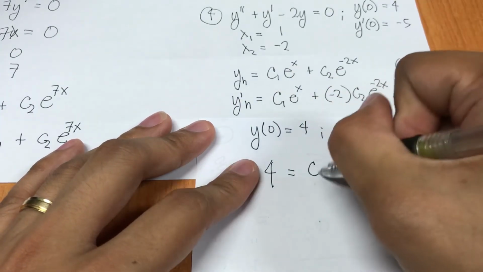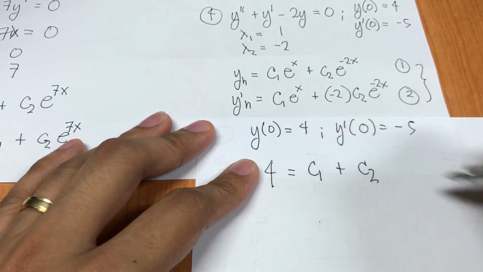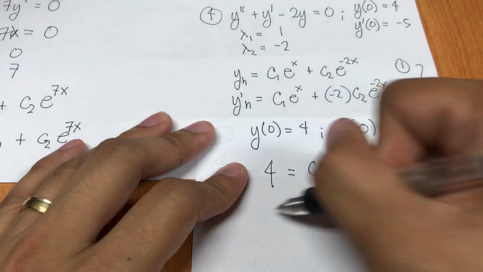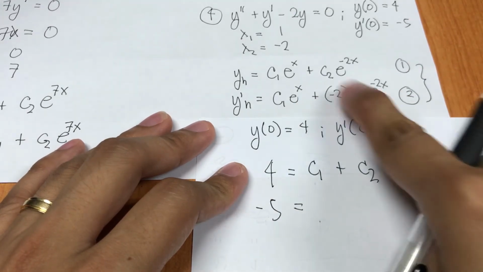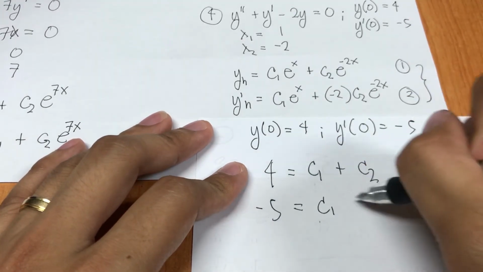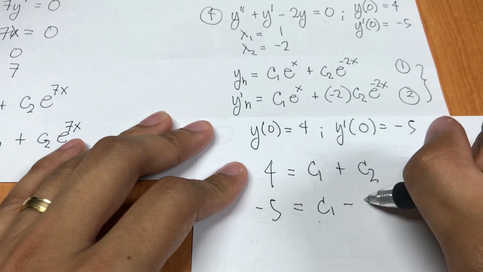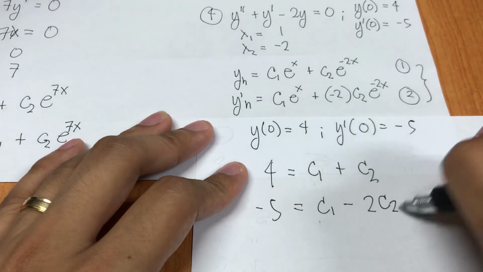So c1 plus c2 equals 4, and negative 5 equals c1 minus 2 c2.